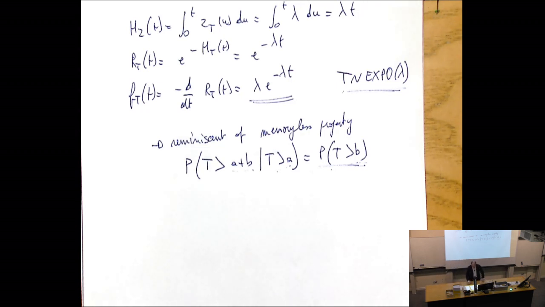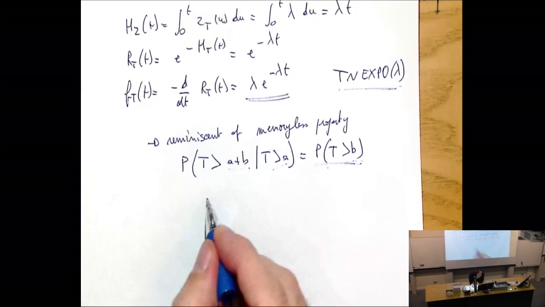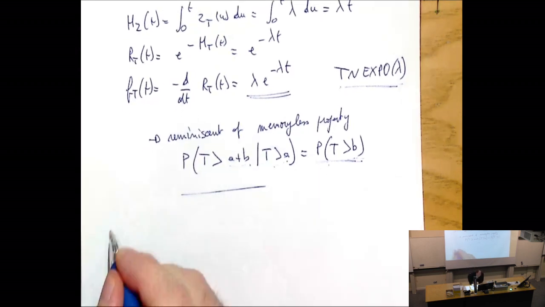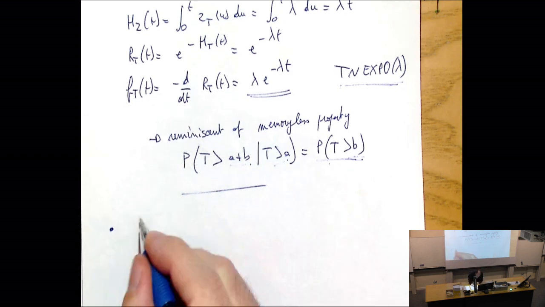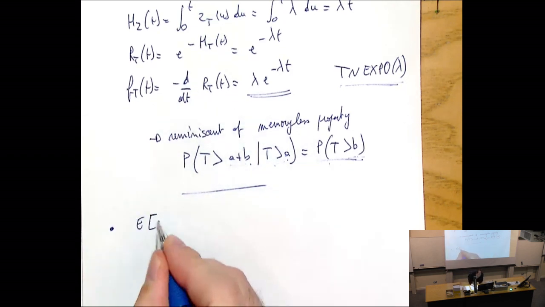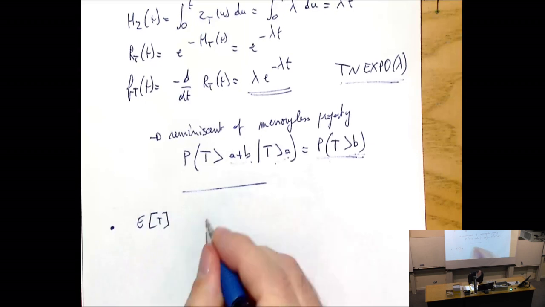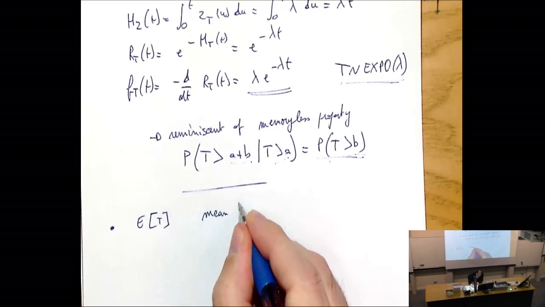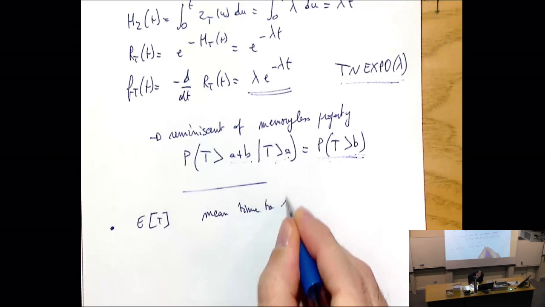Okay, so with this, we're almost done. The last thing I want to introduce, aside from the cumulative hazard function and hazard rate, is a quantity called the expectation of t, the expectation of this random variable t, which is the mean time to failure.